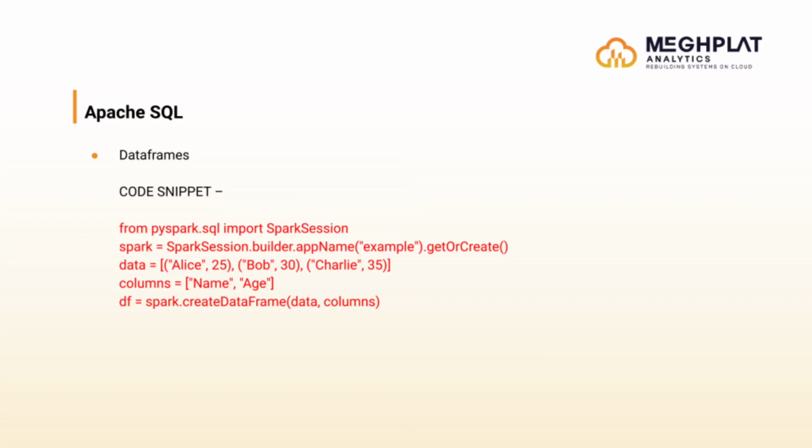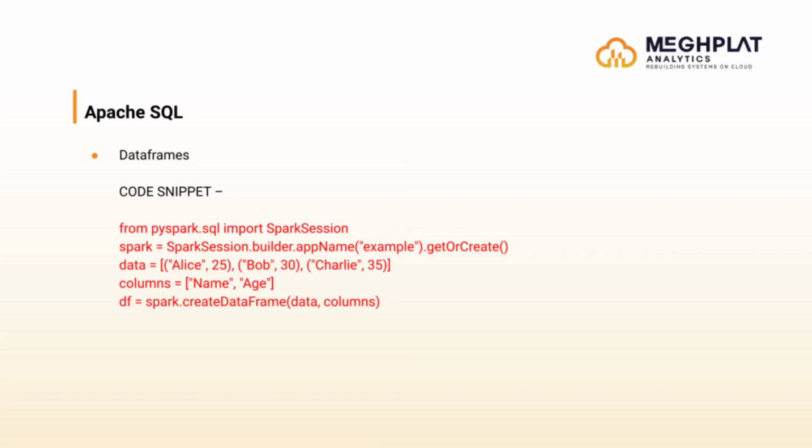Now we are going to create a new variable named data, where we are going to pass some column values, like Alice 25, Bob 30, Charlie 35. And we are going to create a schema and store it in columns, and in that columns we are going to give the schema names as name and age.